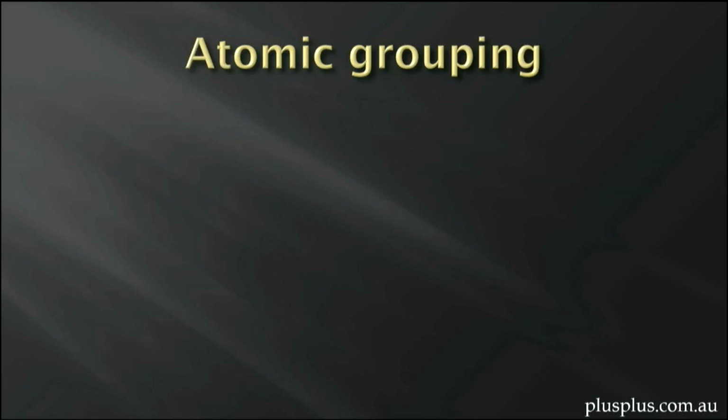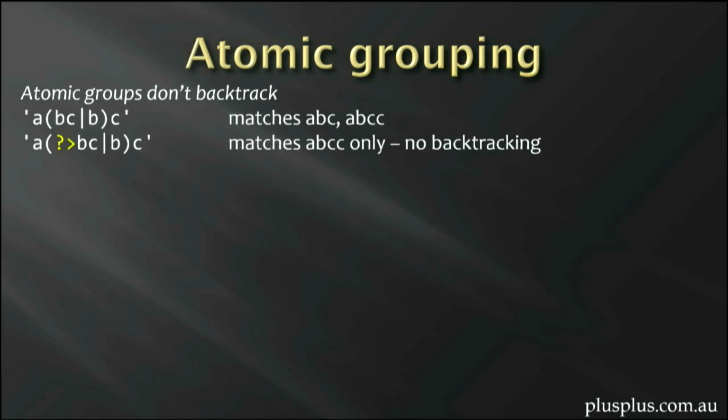Or we could look at atomic grouping. Again, this is new in 3.11. The big thing with an atomic group, and possessive quantifiers as well, is that they don't backtrack. So they don't go back and have another go.